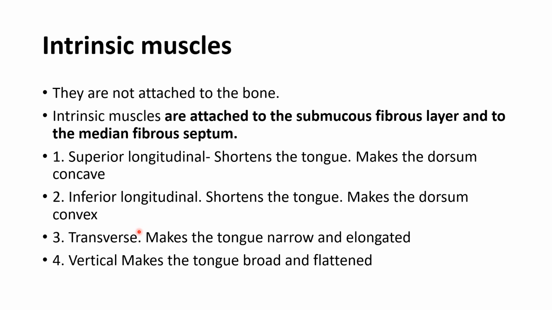The opposite of that is the vertical muscle, which will make the tongue broader and flatten it down. And also, how will the dorsum become concave? The dorsum will become concave because of the action of the superior longitudinal muscle, and the dorsum becomes convex because of the action of the inferior longitudinal muscle. So opposite actions.